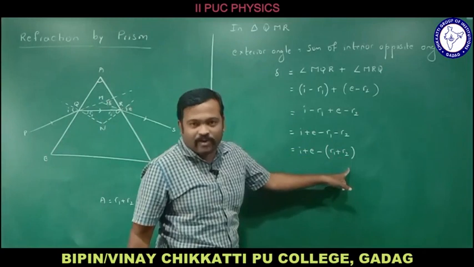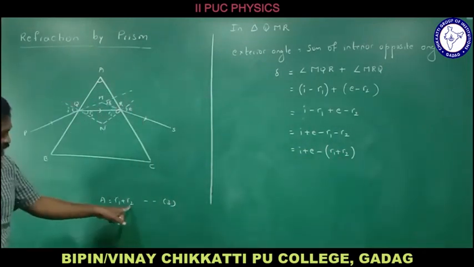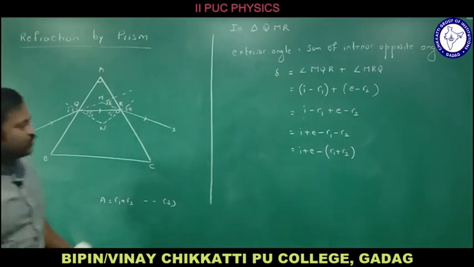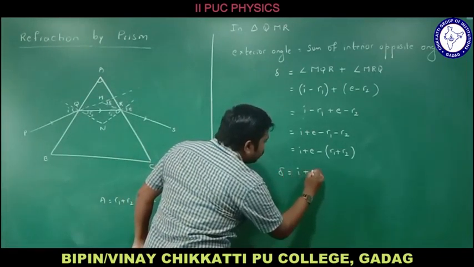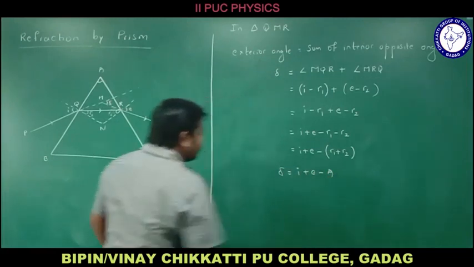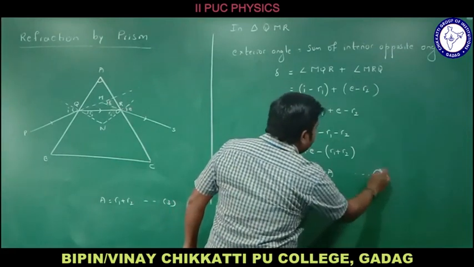So here I keep minus outside. What do I get here? R1 plus R2. But from equation 3, we know R1 plus R2 is equal to A. So shall I substitute here? That is delta is equal to I plus E minus A. So this is equation number 4.